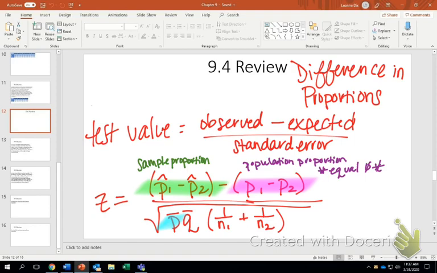So in order to compensate for that and to consider the whole data, we are going to use a formula for this p bar. P bar is going to equal x sub 1 plus x sub 2 over n sub 1 plus n sub 2. And of course q bar is just the complement of p, so it would be 1 minus p bar.